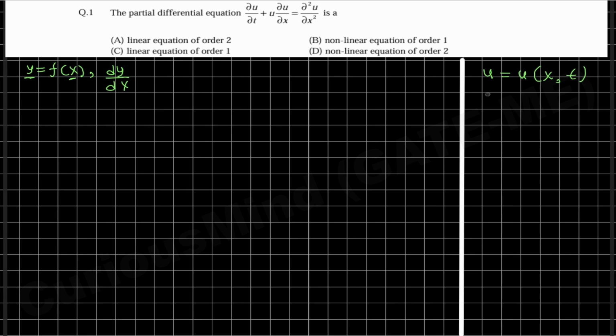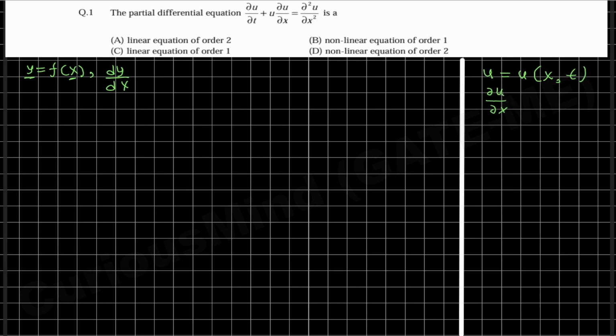So the partial derivative of u, which is a dependable variable, with respect to say x, which is one of the independent variables, is given by this del u by del x.